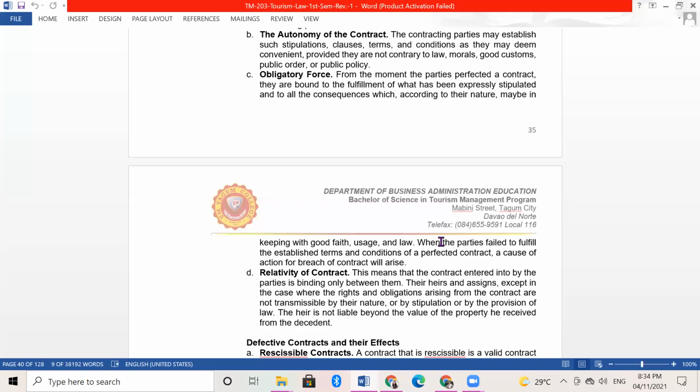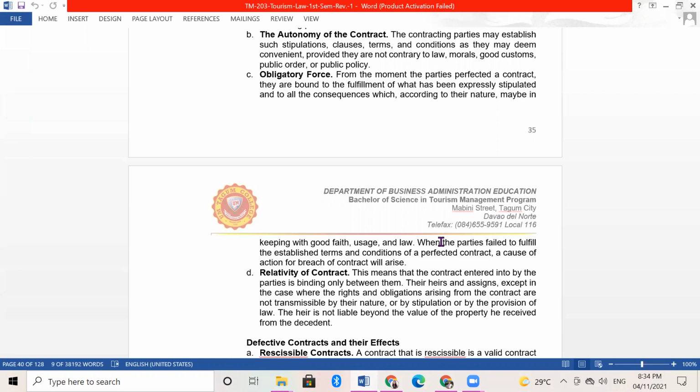Next are the defective contracts and their effects. Rescissible contracts. A contract that is rescissible is a valid contract that has all the essential requisites of a contract. But because of the injury or damage caused to either of the parties therein or to a third person, it is considered defective and thus may be rescinded.